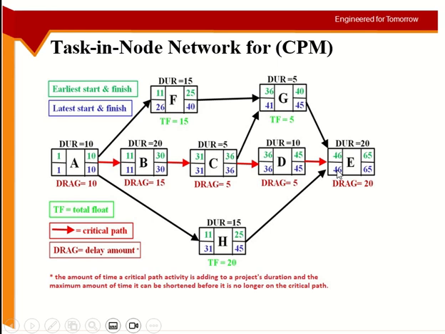From 46 I go to the previous day, 45, for each of these. Now I have the finish time and want the start time: 45 minus duration gives 41, 45 minus duration 10 gives 36, 45 minus duration 15 gives 31.